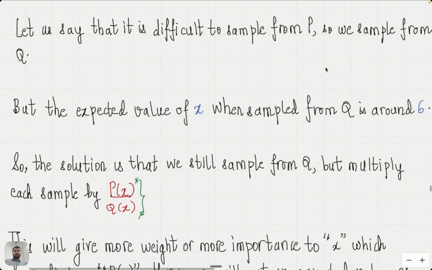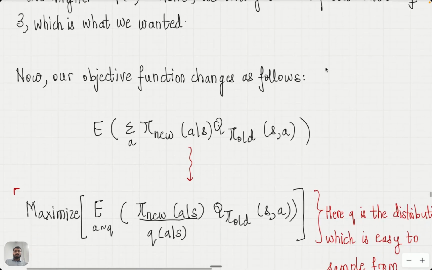So now we are going to do something similar. Since we cannot sample this action value from the original distribution, we are going to say that I am going to sample from a different distribution which is called Q. And then after I do this, I have to multiply by P of x by Q of x, which is exactly what I am doing over here, where this is P of x and this is Q of x.